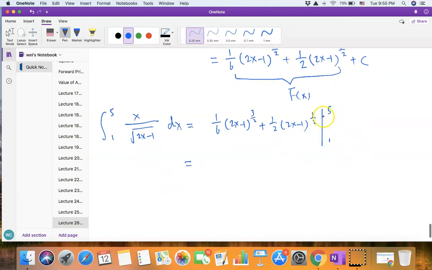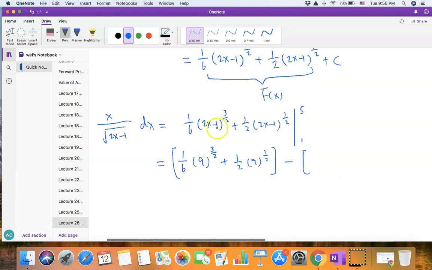So when x equals 5, 2 times 5 is 10. So this is 10 minus 1, that is 9. This is 1 over 6 times 9 to the power of 3 over 2 plus 1 over 2 times 9 to the power of 1 over 2, and minus, when x equals 1, 2 times 1 is 2, 2 minus 1 is 1.